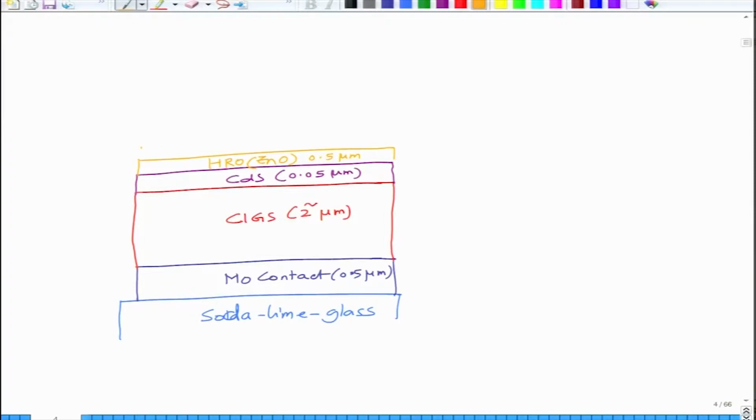So, let me use ZnO, which is high resistance, then N plus ZnO junction, and then on top we have contacts.